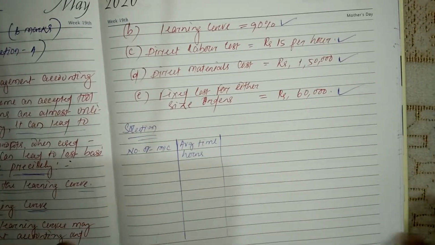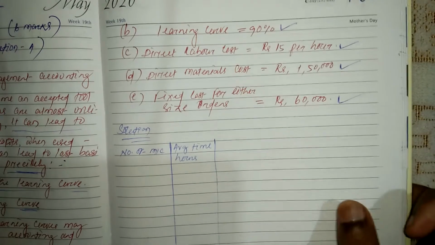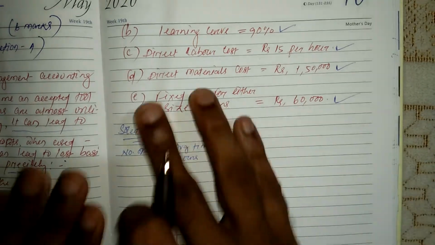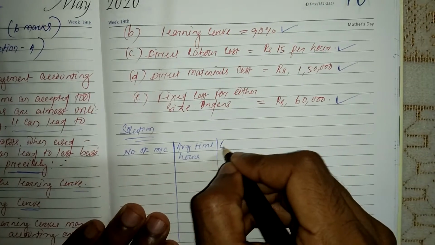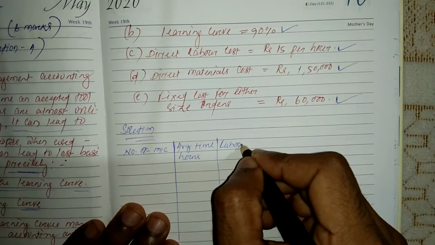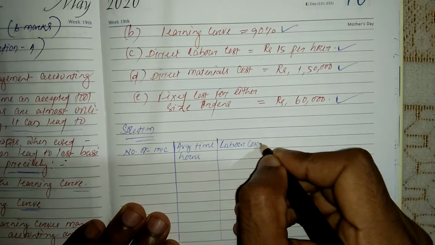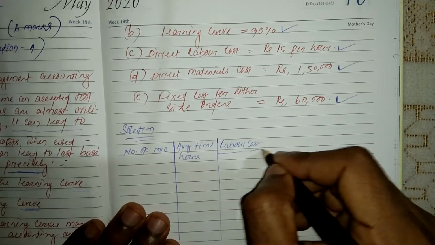Again, labor cost is given, 15 per hour. Here we have to find out the labor cost also.